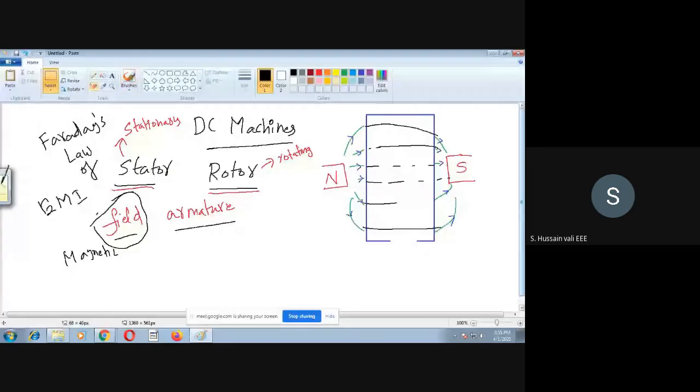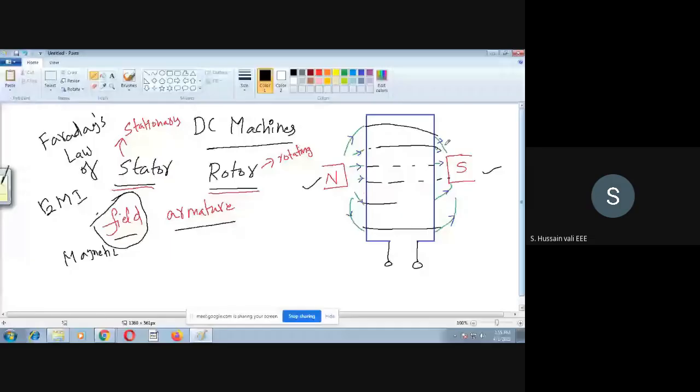Now, where exactly you put this conductor? You put it in the presence of a magnetic field. Now, how comes the magnetic field here? This north pole is here, there is south pole here. So between north and south pole, the flux lines travel from north to south pole. So there is a magnetic field here. Now you put the conductor like this. So when you put the conductor like this, now two cases. Once again in the DC machine. So this is common.